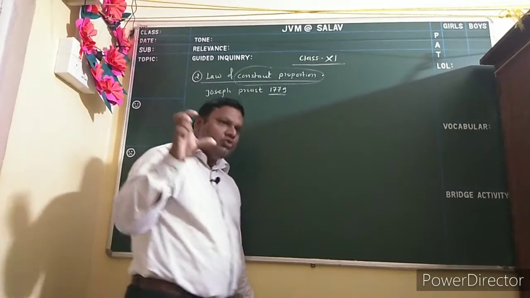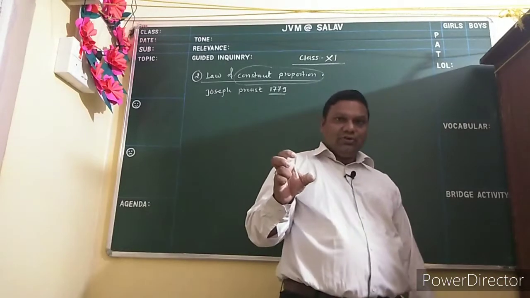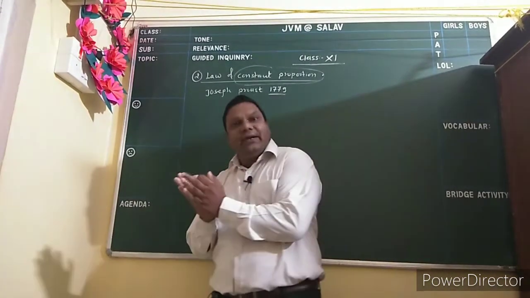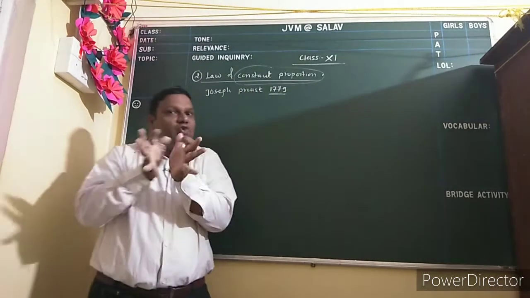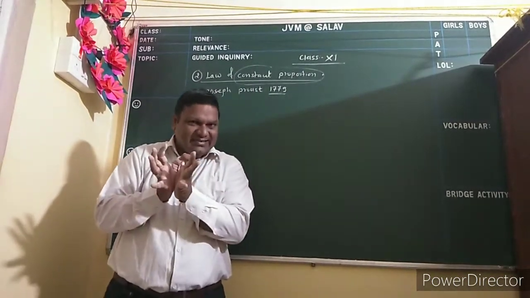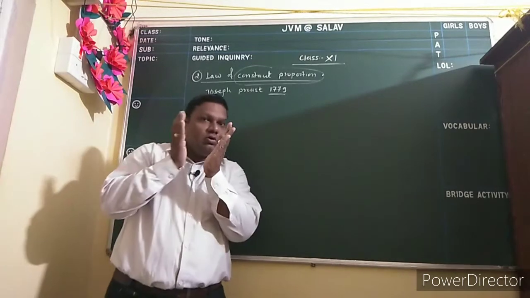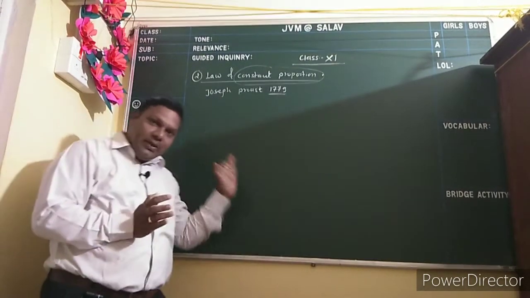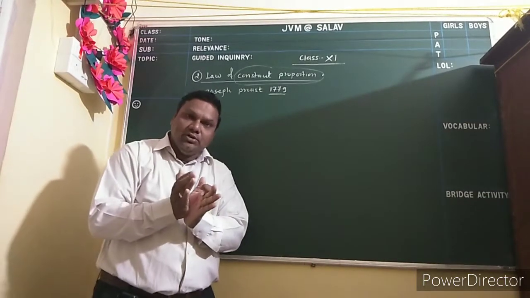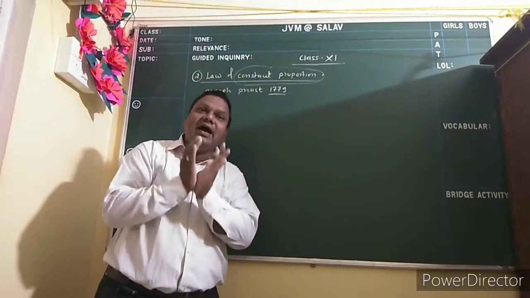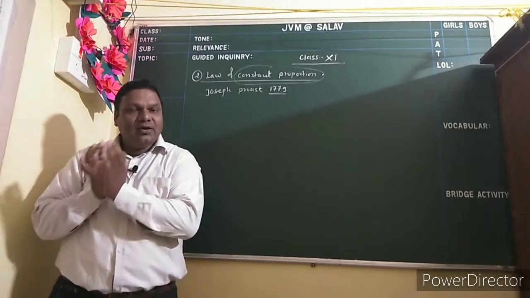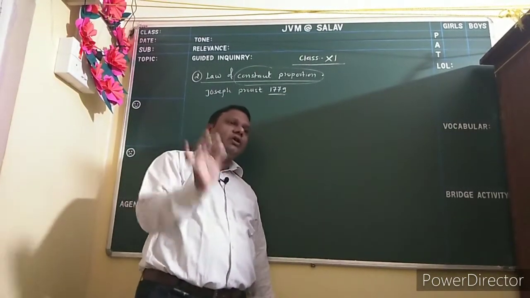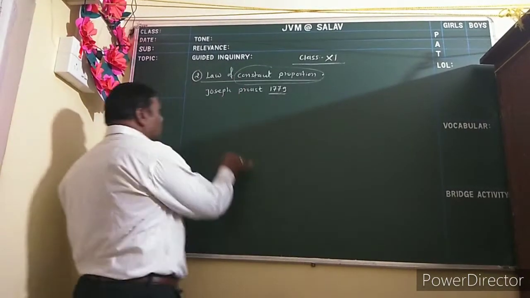And whatever the sources of the compounds, they have the composition of elements on the basis of atomic mass, understood? So it is stated as: in a compound the composition of the elements remains fixed whatever the sources of this substance.